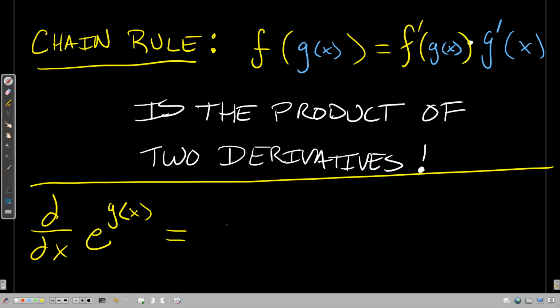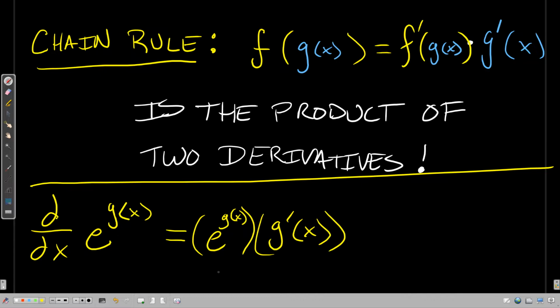I needed to find the derivative of that exponent, and then it will just get multiplied by the thing that I started with.